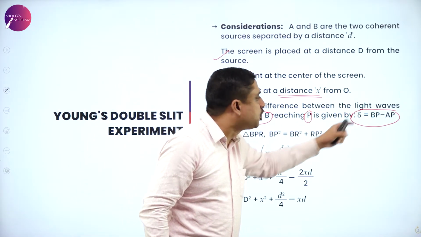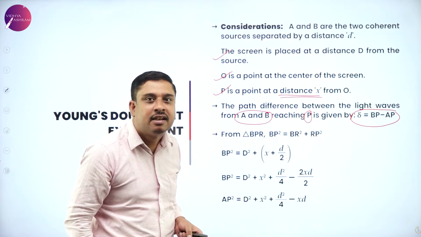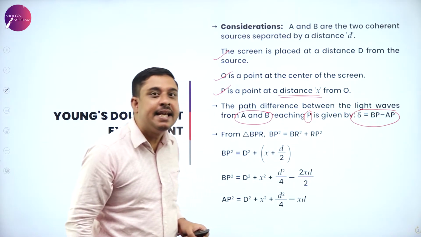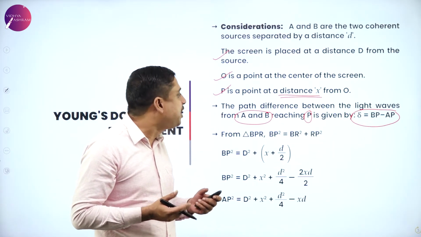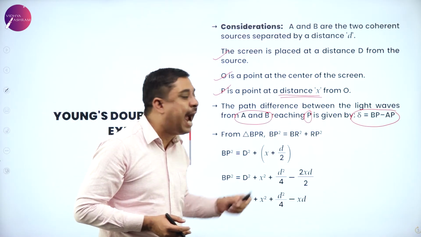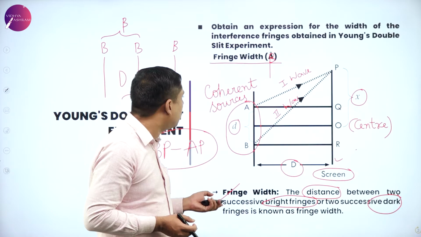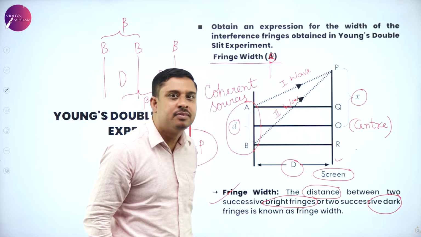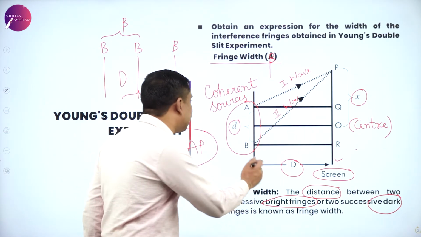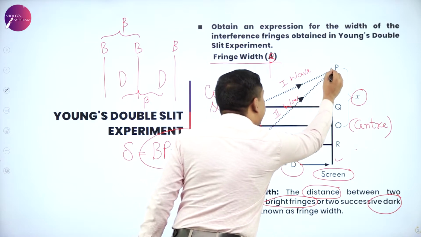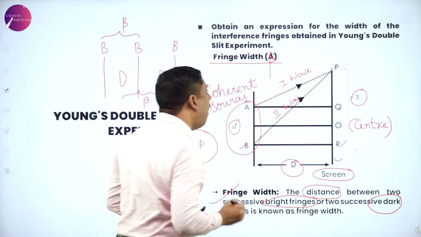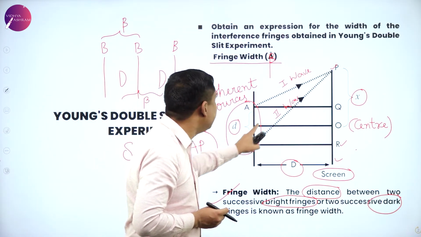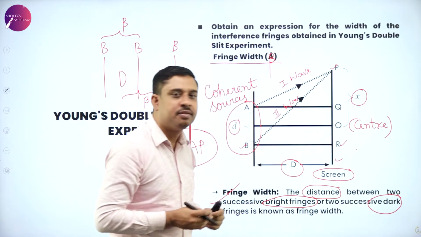Now, in order to calculate this path difference, BP minus AP, I need to calculate BP and AP. If I need to calculate BP, I will consider the right angle triangle BPR.